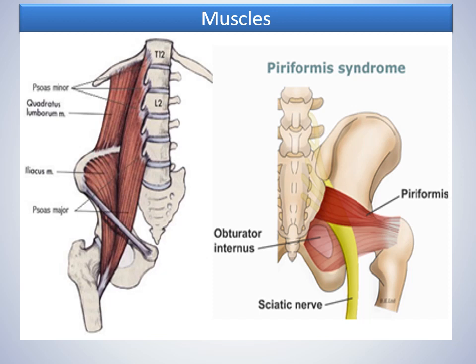You can see that this is the iliacus and this is the psoas major and minor. Those two muscles together are then called the iliopsoas, which is a powerful hip flexor. So you can have unilateral tension on this, or you can have bilateral tension on both sides of this one here.